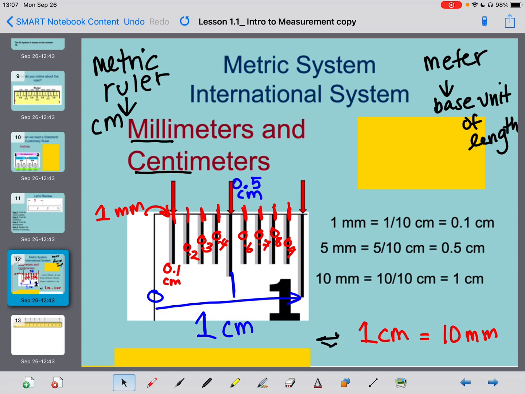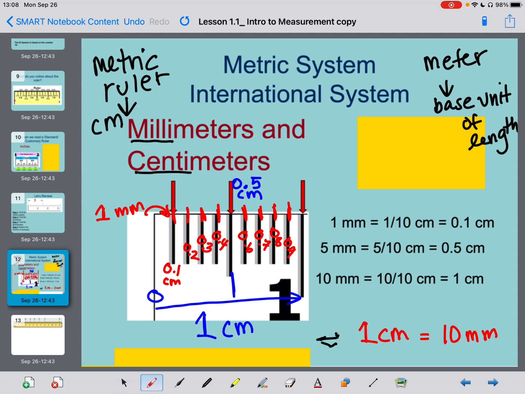We know that 1 millimeter, right, is just 1 over 10 centimeters. So if that came out in decimal form, you have 0.1 centimeters. And we kind of already spoke about that. Same thing with 5 millimeters, you would end up with 0.5 centimeters, and 10 millimeters, as we just said, is 1 centimeter. Okay, so you do see that relation between millimeters and centimeters.